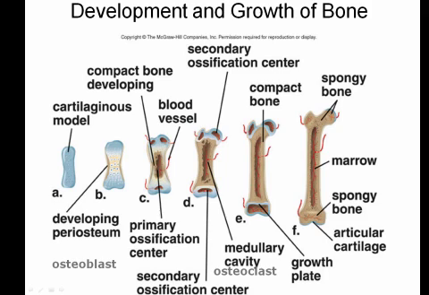So as this cartilage is formed, the osteoblast then converts it into bone. Then there is another type of cell, an osteoclast, and the osteoclast breaks down bone. And so as the osteoblast makes bone, the osteoclast breaks it down, and it's the combined activity of these that form and then mold and shape the individual bones.